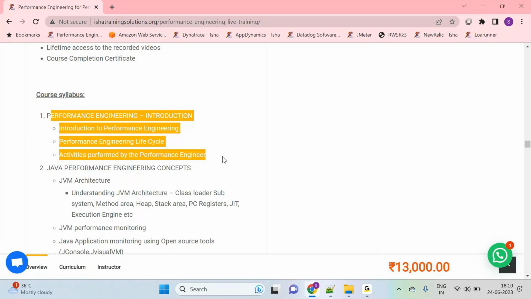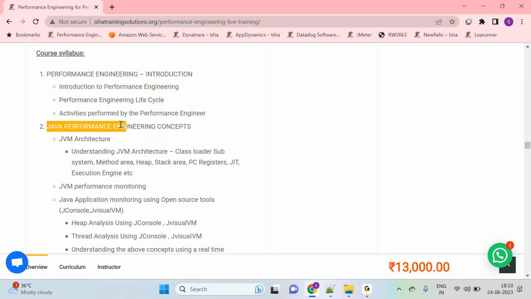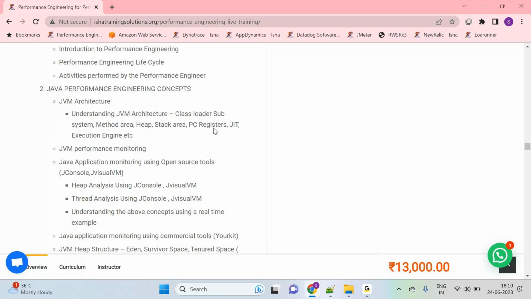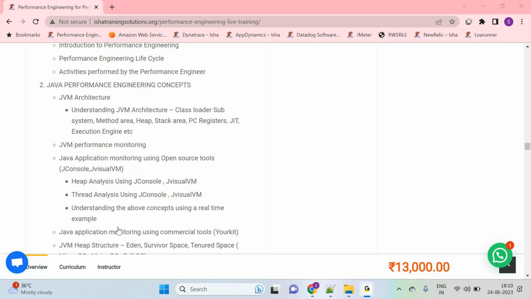The next very important topic is Java performance engineering concepts. We all know Java runs on the JVM, the Java virtual machine. When you execute your Java program or software, it runs on the JVM.